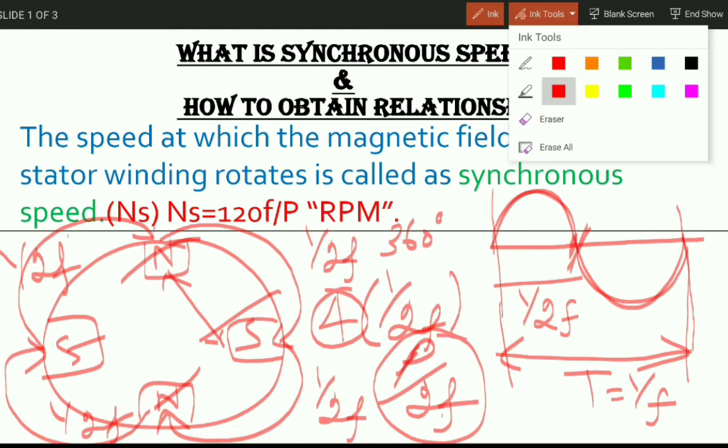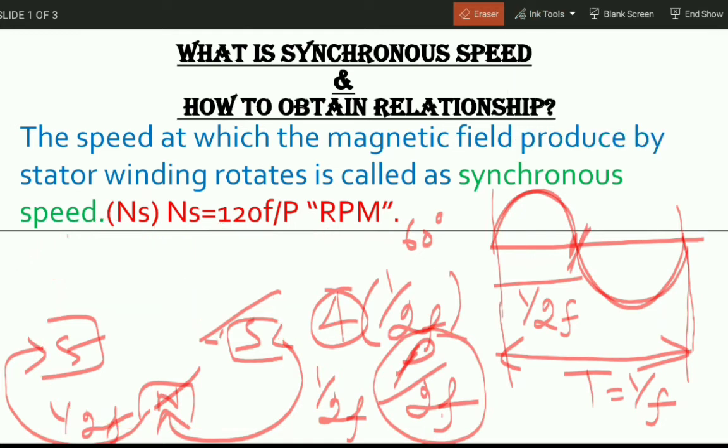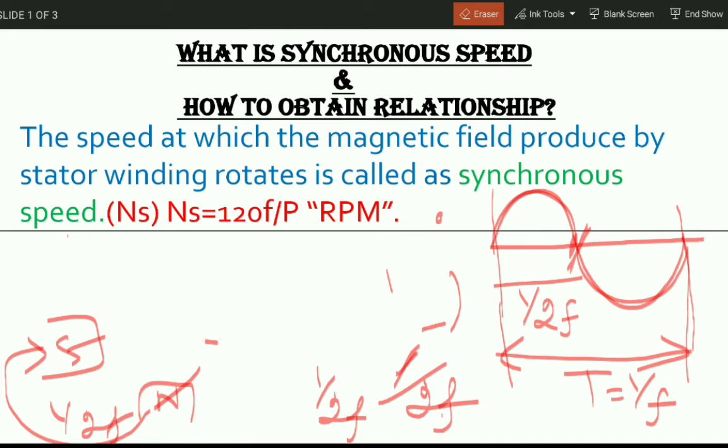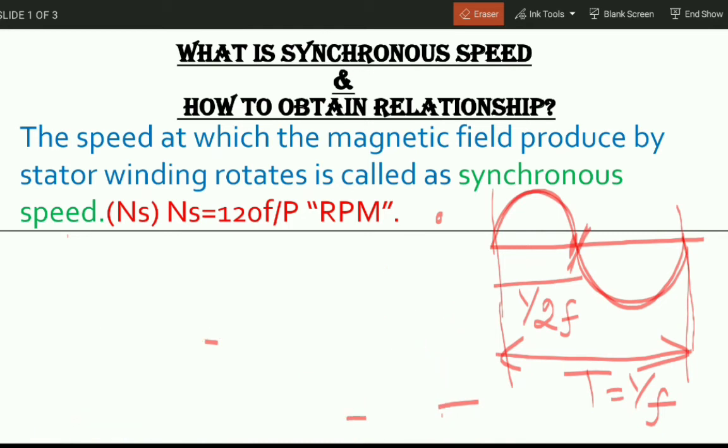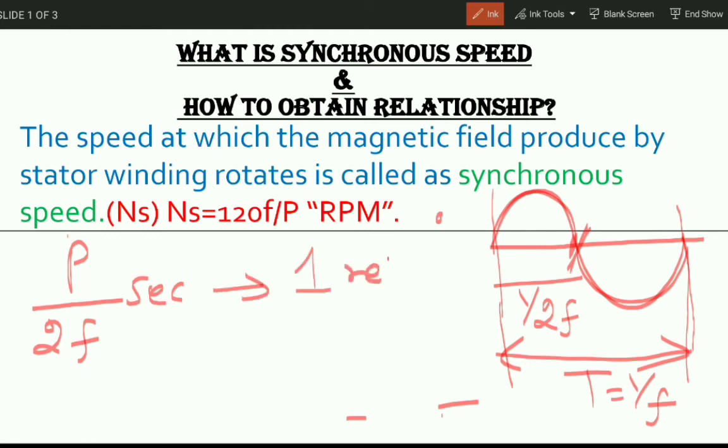If you know this, the remaining part is going to be very easy. That is, the magnetic field takes P by 2f seconds for one revolution.